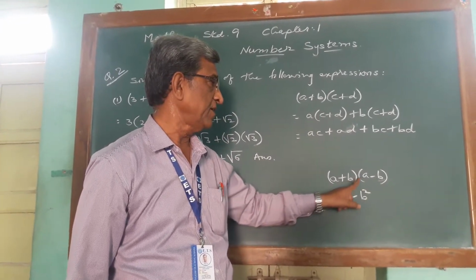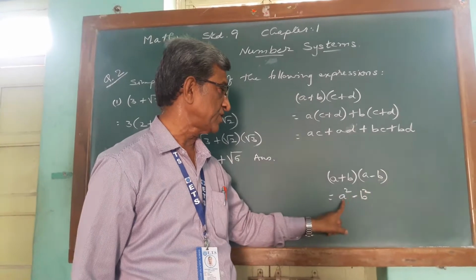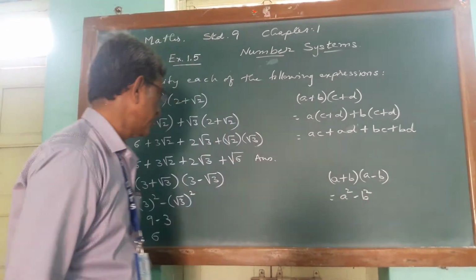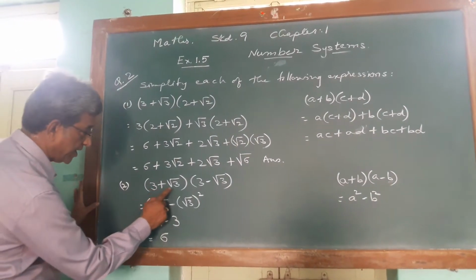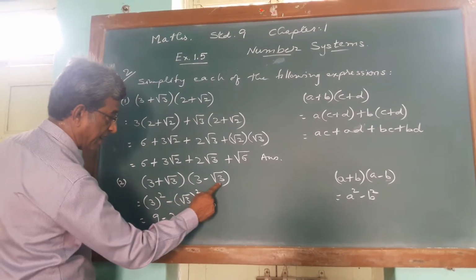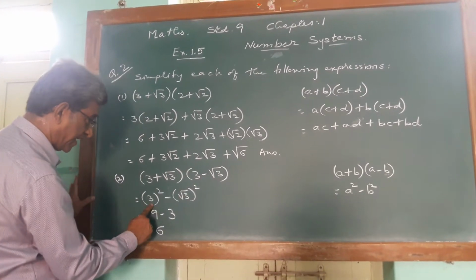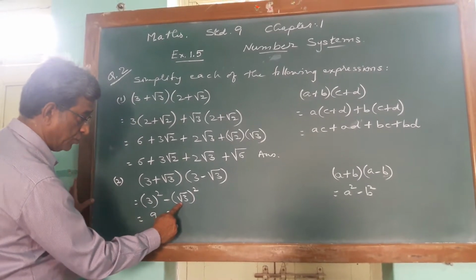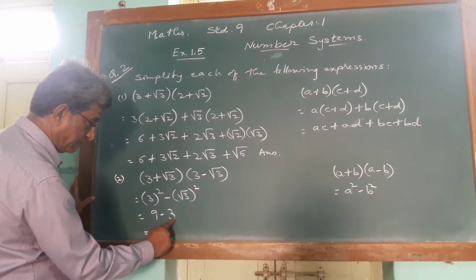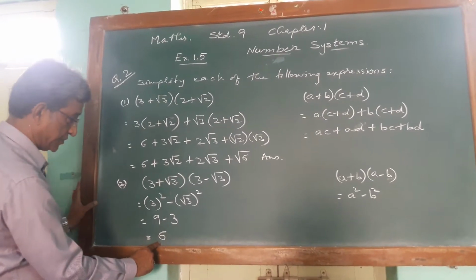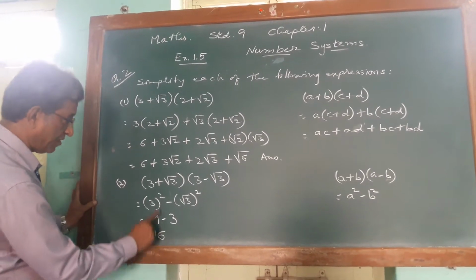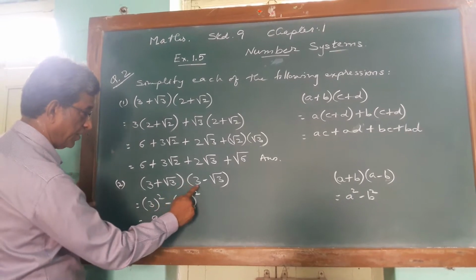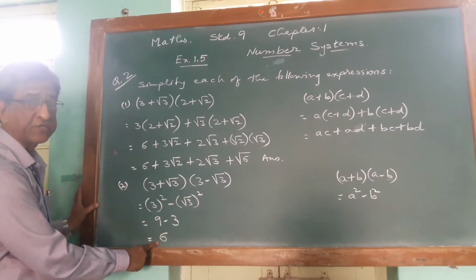(A plus B) into (A minus B) gives you A square minus B square. So here 3 plus root 3 into 3 minus root 3 gives you 3 square minus root 3 square. 3 square is 9. Root 3 square is 3. 9 minus 3 equals 6. So the simplified form is 6.